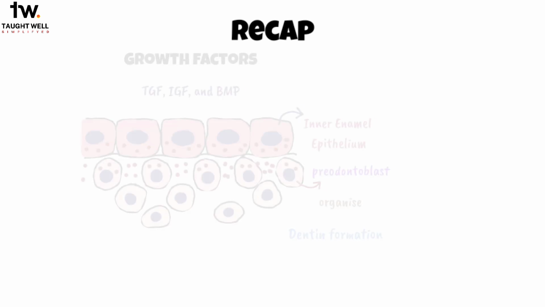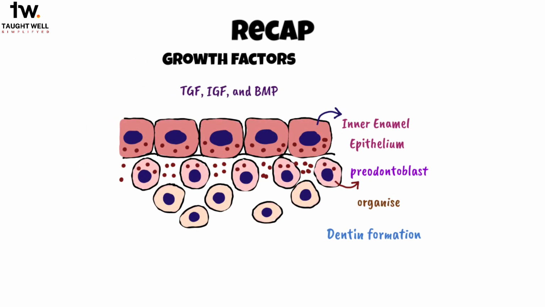Alright, let's recap. Dentinogenesis begins with odontoblasts at the tips of teeth laying down collagen, supported by proteins like fibronectin and growth factors TGF, IGF, and BMP. These factors help odontoblasts transform into columnar cells that produce dentin.